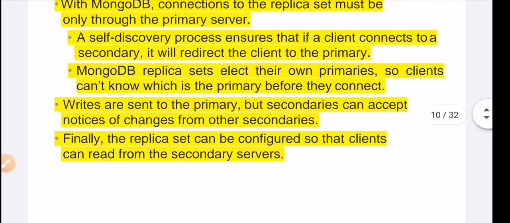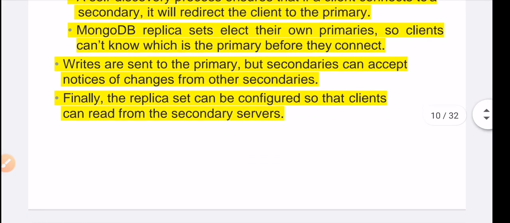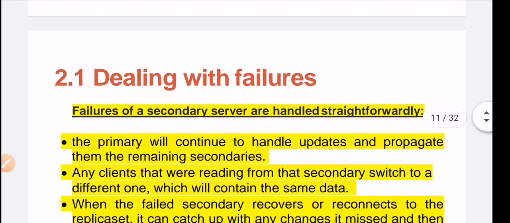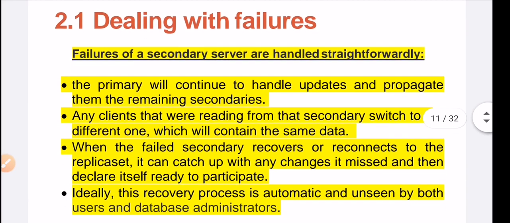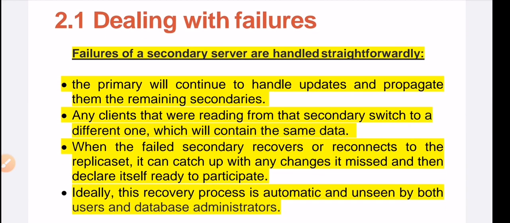Writes are sent to the primary, but secondaries can accept notice of changes from other secondaries. Finally, the replica set can be configured so that clients can read from the secondary servers. So this is based on the configuration we do.